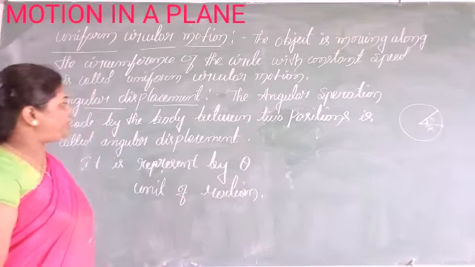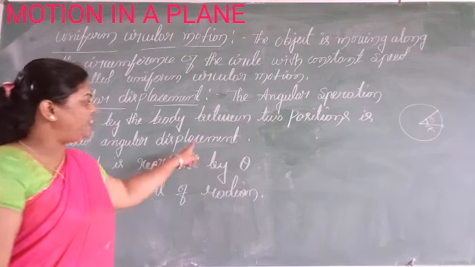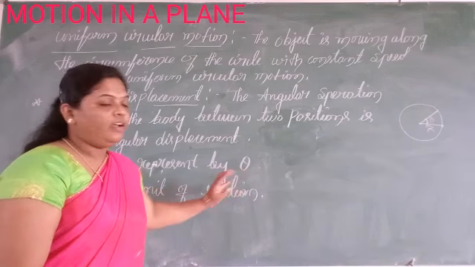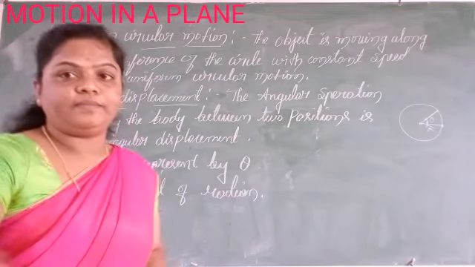The angular displacement is represented by the letter theta. And the unit of angular displacement is radian. We always express angles in radians. So this is the angular displacement, the angular separation between the two positions, represented by the letter theta, and its unit is radian.